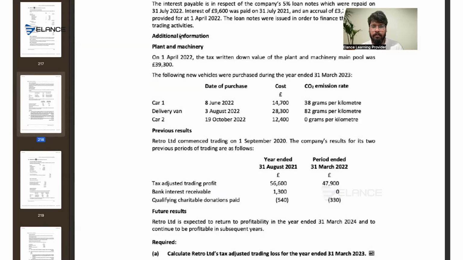Of course, for delivery vans, we can use AIA. Annual investment allowance is available, so the delivery van can use the AIA.